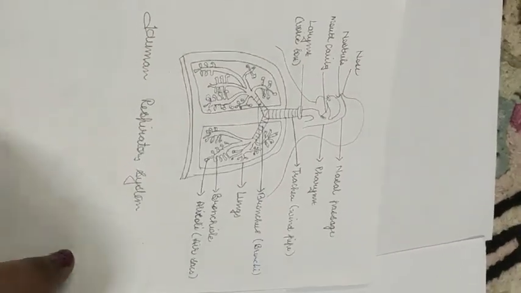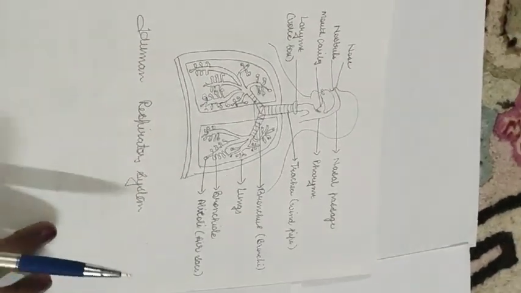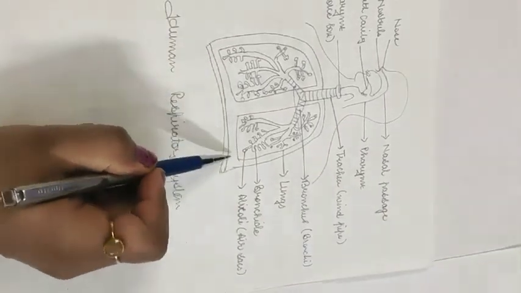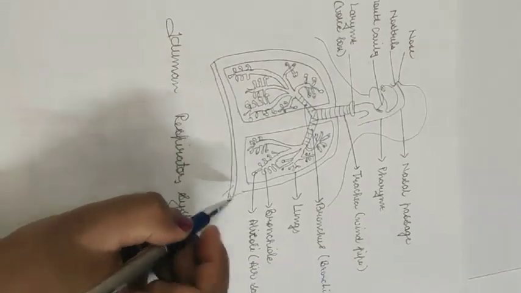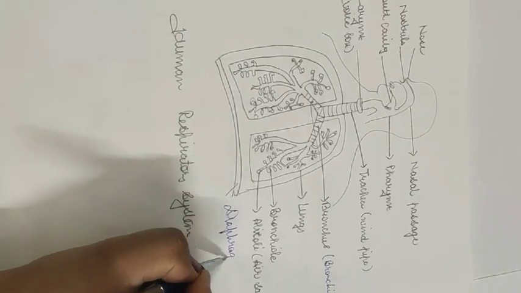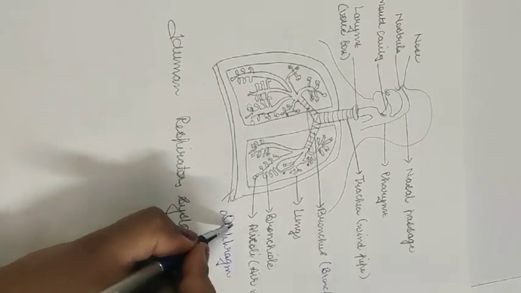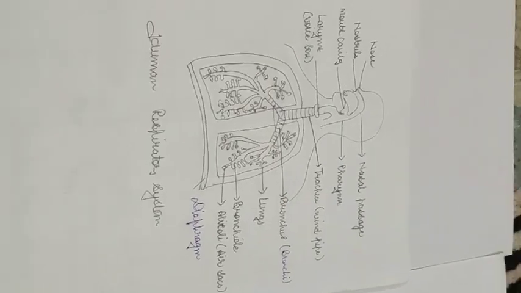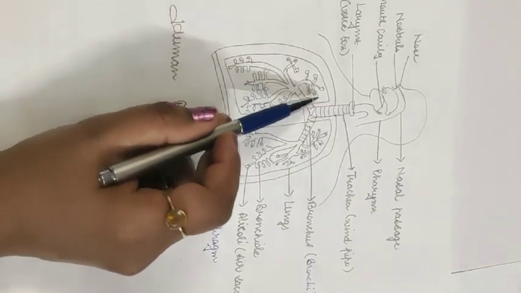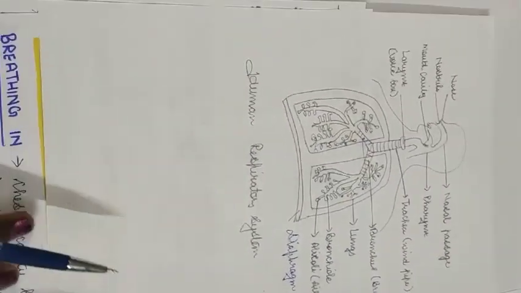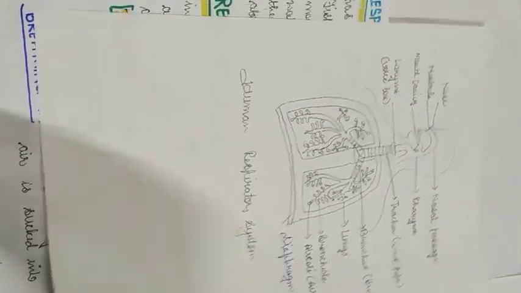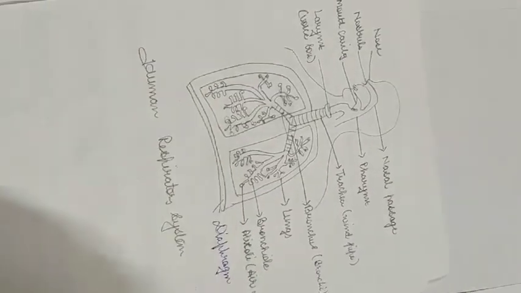Now there is a mechanism of this respiration. When we breathe, here it's the diaphragm. I had missed it. It's called the diaphragm. So what is this diaphragm? When we breathe in, the chest cavity becomes larger and sucks the air inside.